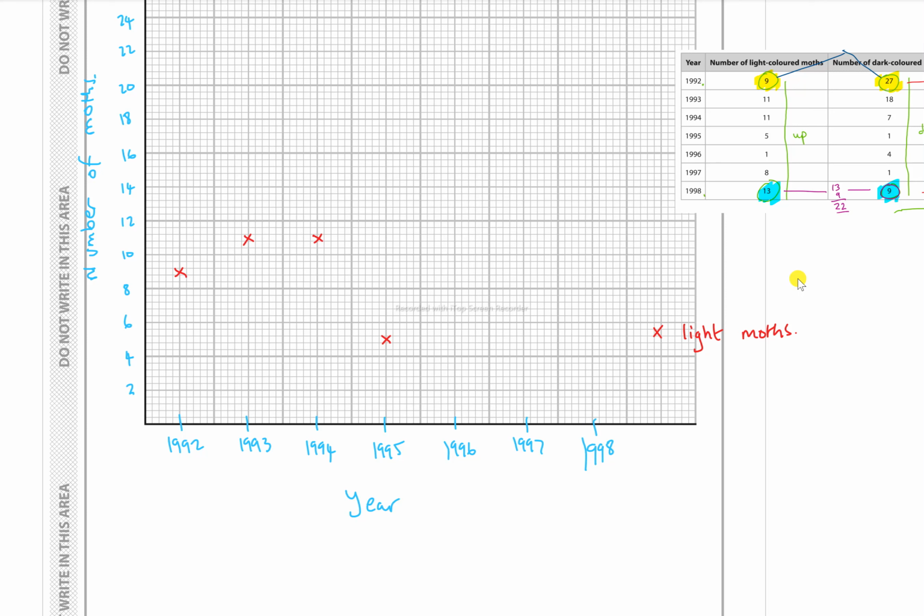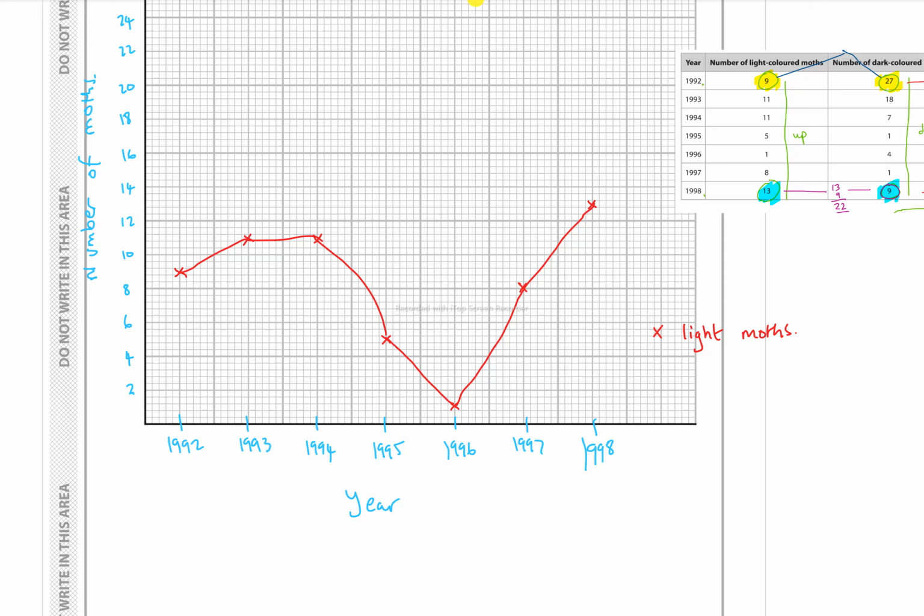You go 1. You go 8. And finally you go 13. Where's 13? That's 14. That's 13 there. Right, join them up with a ruler. Pretend that's a ruler. Oh, what an amazing ruler I've got. There you go.